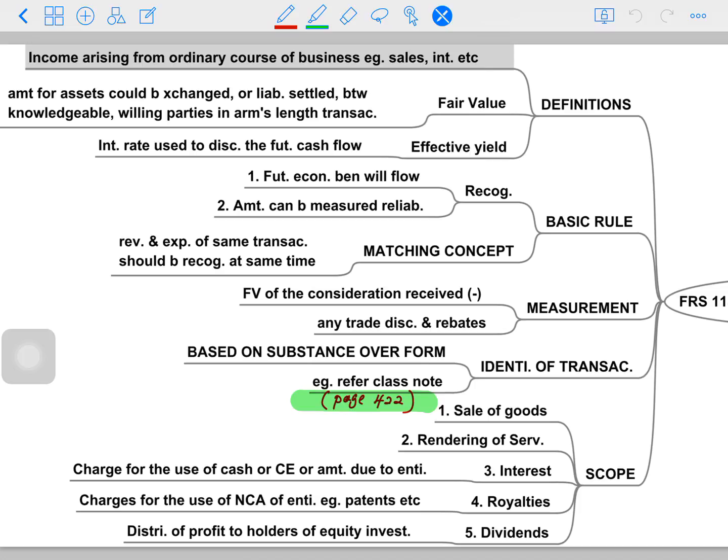That revenue is covered in FRS 118, which governs how, when, and how to recognize and measure the revenue.